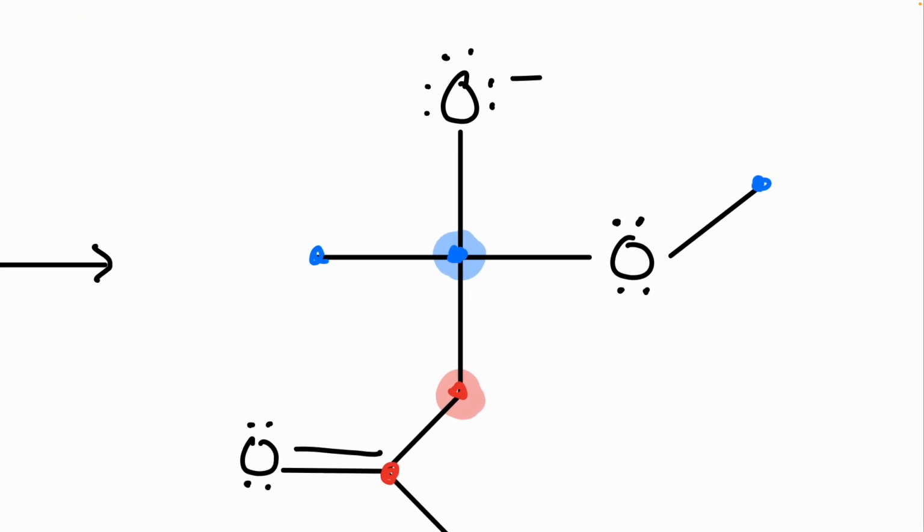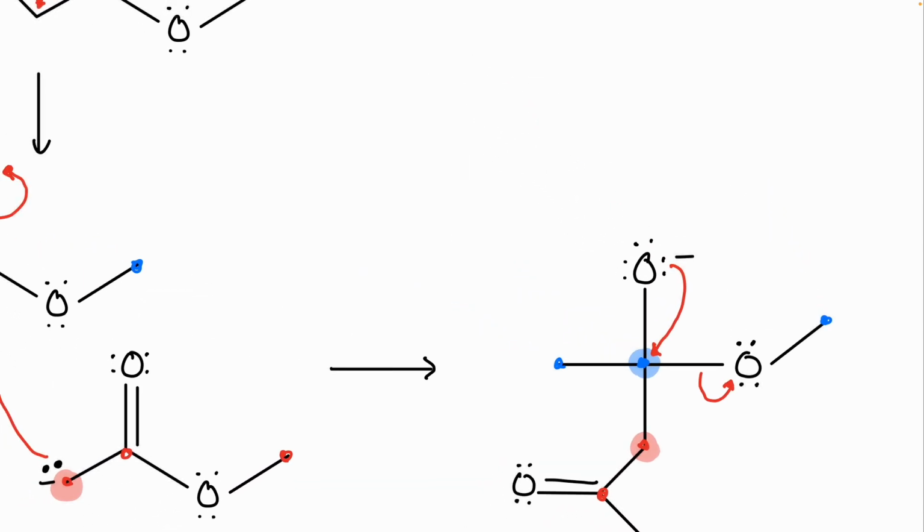What's going to happen is this pair of electrons is going to come down and kick off this oxygen here. Carbon with the negative charge is super unhappy. So we're going to get this alkoxide kicked off as a leaving group. We're going to lose, and I'm going to keep that blue carbon there to indicate exactly what fragment I just lost here.